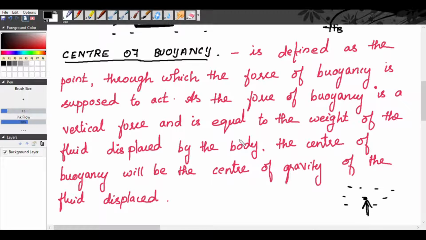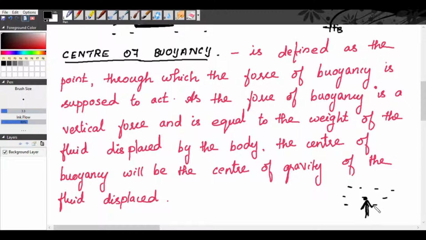As the force of buoyancy is a vertical force and is equal to the weight of the fluid displaced by the body, the center of buoyancy will be the center of gravity of the fluid displaced.